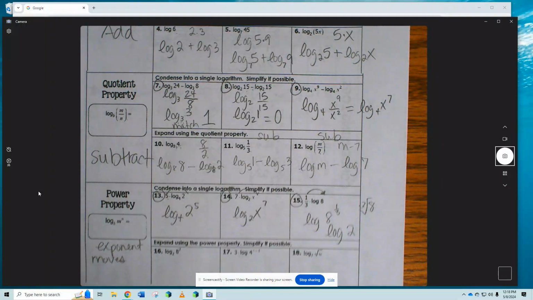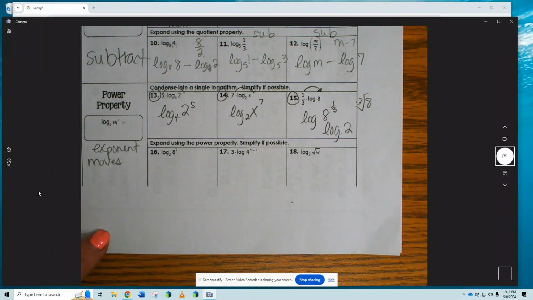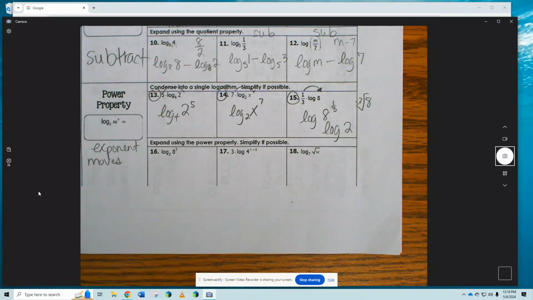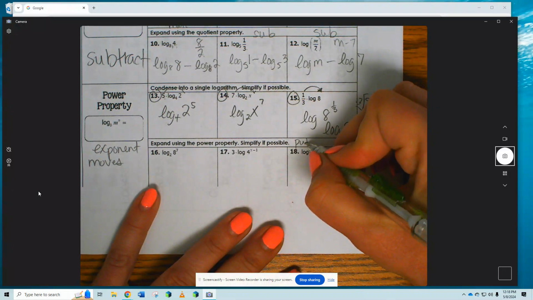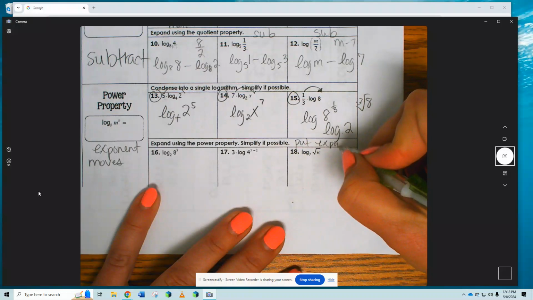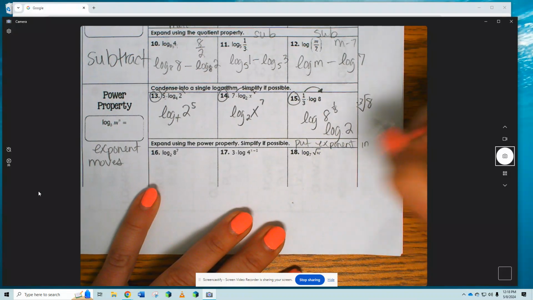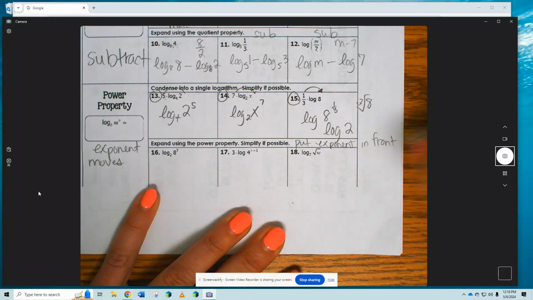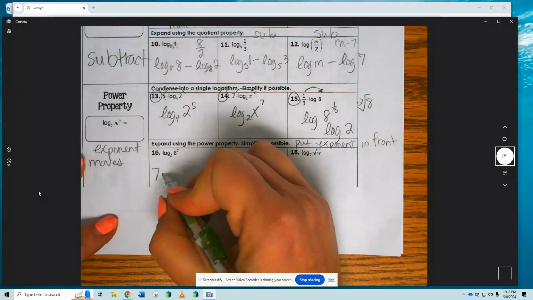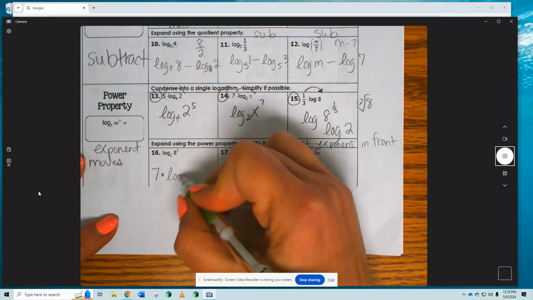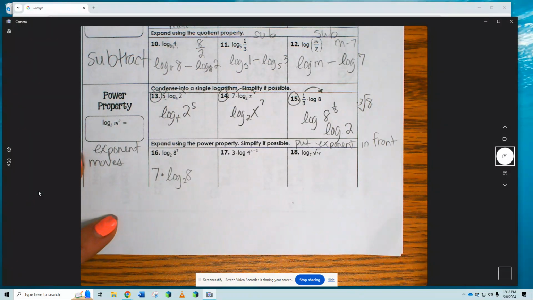Okay. 16, 17, 18. You need to put the exponent in front. The 7 moves to the front. 7 times log base 2 of 8. Right?